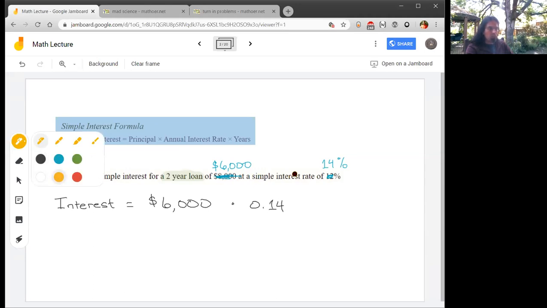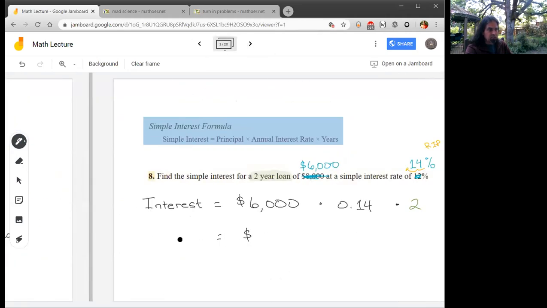So in this problem, I would write my Riplop over here if I'm doing it that way. And then times the years. And I would still get my same answer, whatever it was, 1680.